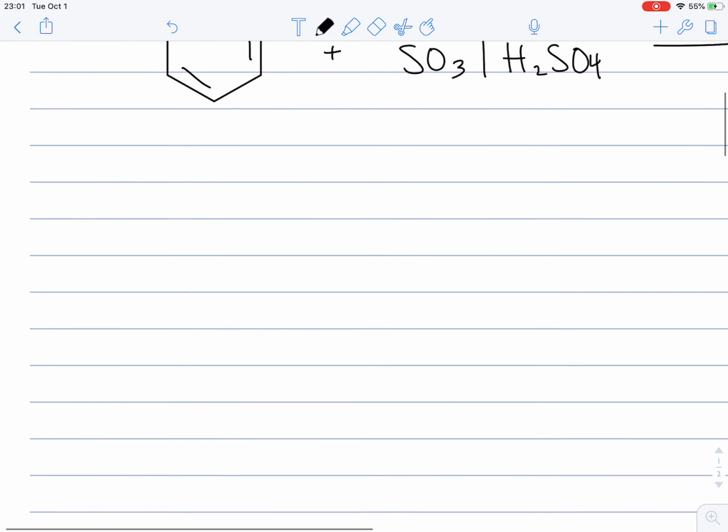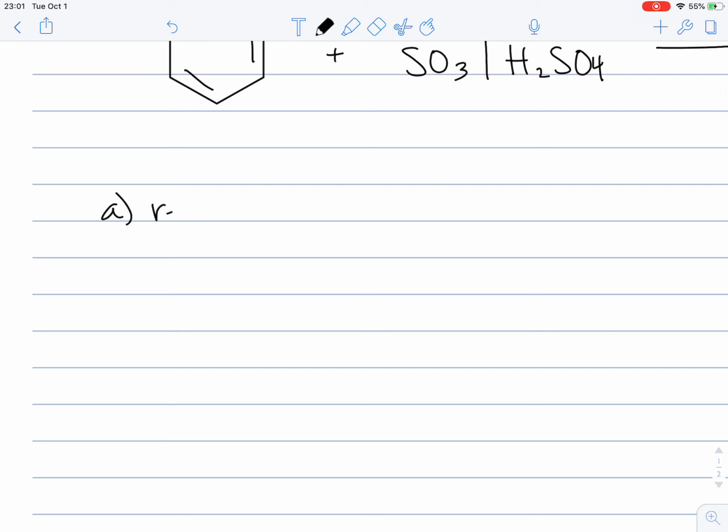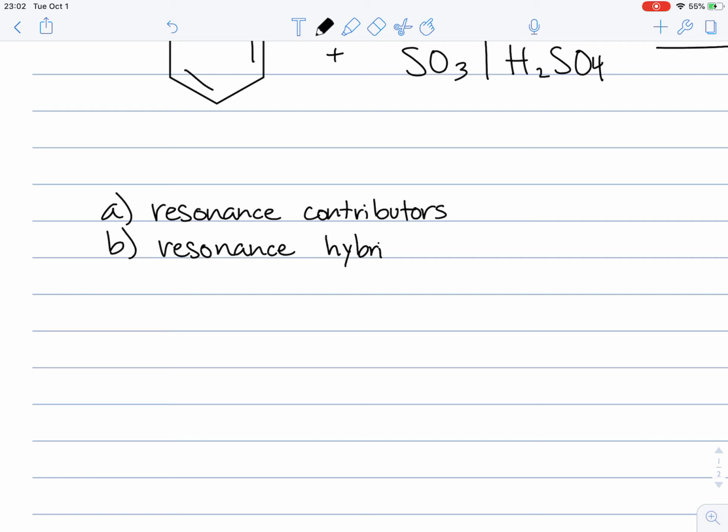So for now, I'm going to write A is resonance contributors, and B is resonance hybrid.